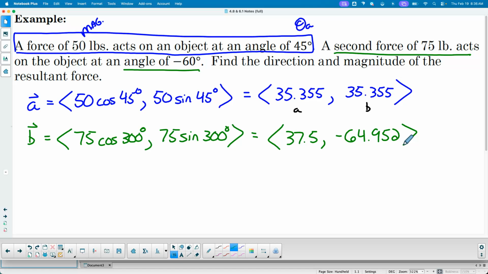Vector A plus vector B. Yep, so we need to find vector A plus B because that's going to be my resultant vector. So that's going to be vector A plus C, B plus D.